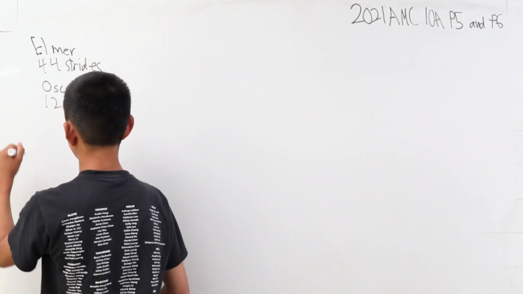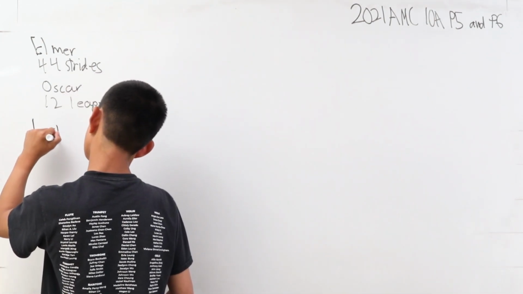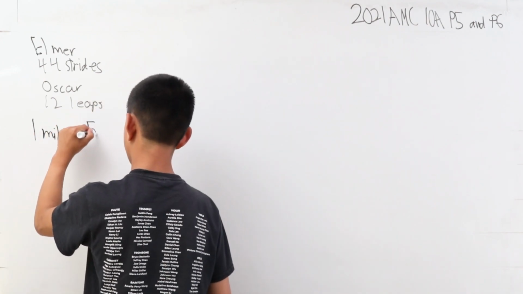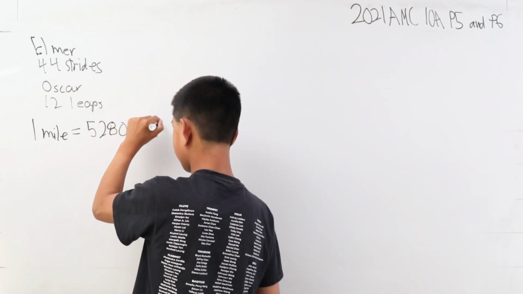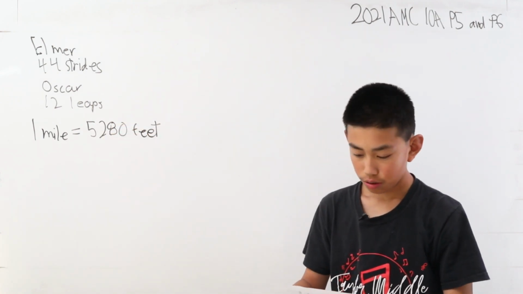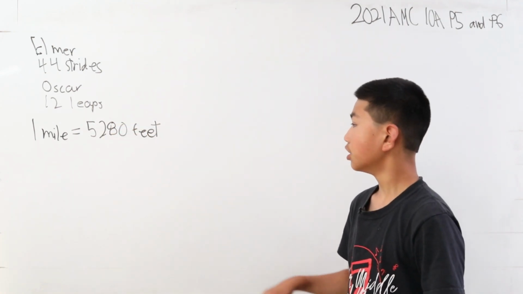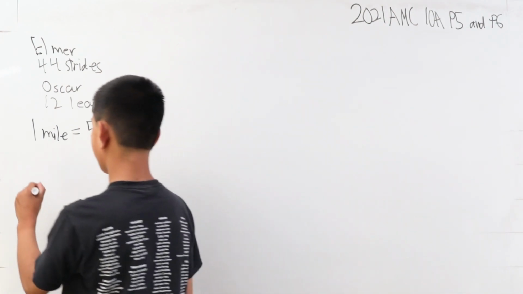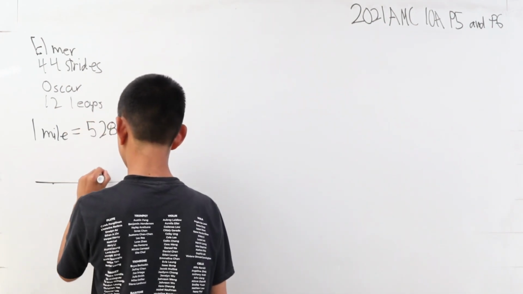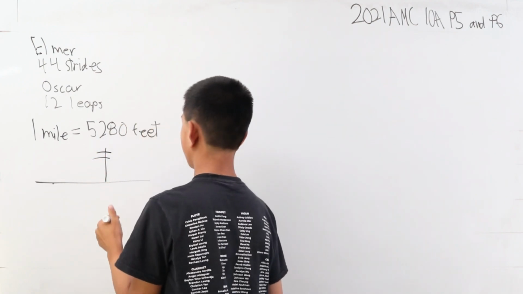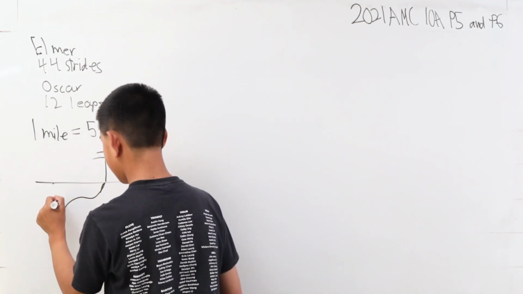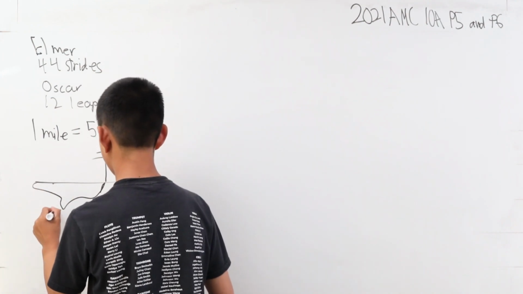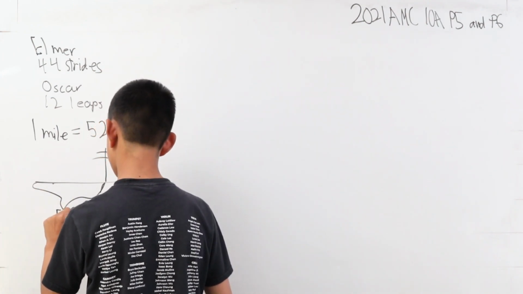So we have to also note that 1 mile equals 5,280 feet. Okay, so we have telephone poles, then the 41st telephone pole. This distance is 1 mile, or 5,280 feet.